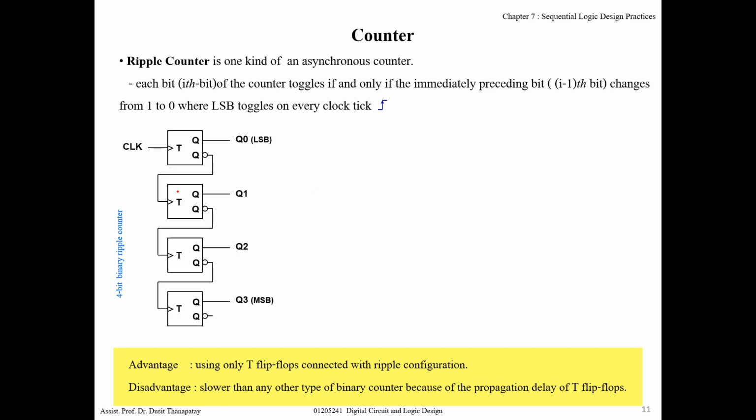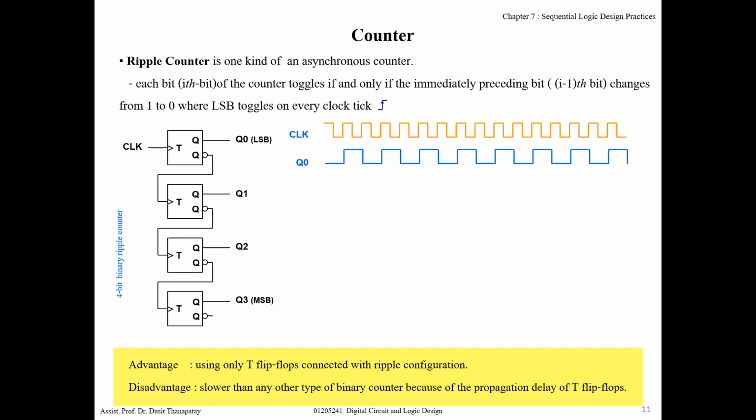So the result is this one. For LSB, it toggles for every clock tick: change low to high, change high to low. And for Q1, the toggle will occur when Q0 changes from high to low, right? Change from 1 to 0. When I invert this one, it's Q0 prime.